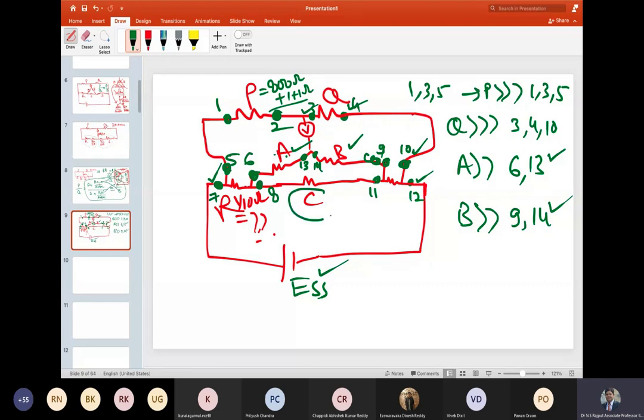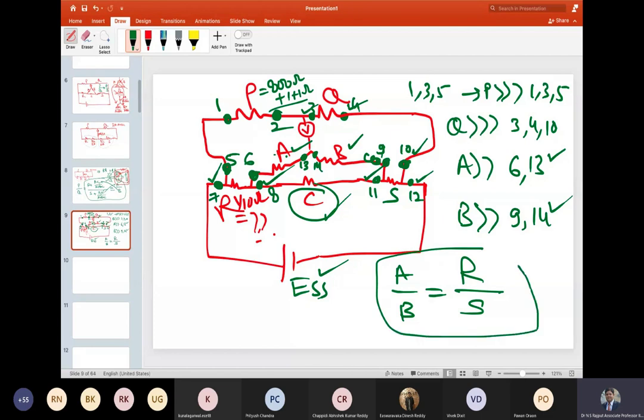Now here this C is also a mid-value resistance, and therefore 8 and 10 contact resistances have also been taken care of, right? Therefore, with the derivation which we talked about, now we understand that A by B is equal to R by S. This is S, right? And with this relation, there is no effect of contact resistances, right?